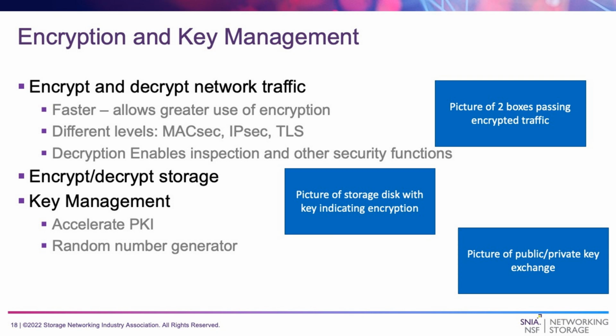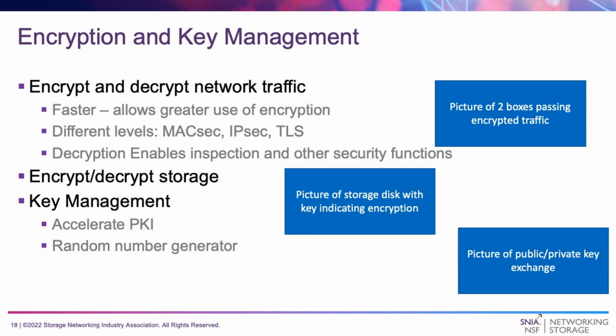So this type of key exchange is very common whenever you set up an encrypted connection or secure browsing, or if you want to verify the authenticity or identity of something. And an xPU has the ability to accelerate this key exchange. It can also store the keys. So you can have the keys coming from a key server or a key management application somewhere, but then the keys can be stored temporarily in the xPU to accelerate verification and decryption or encryption of data.